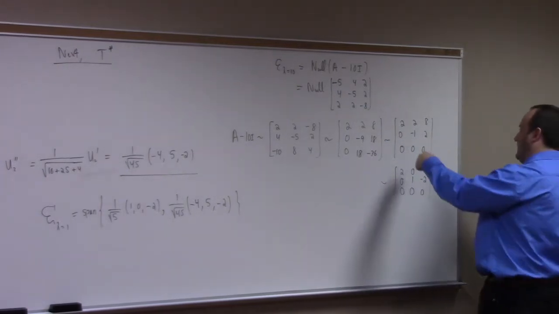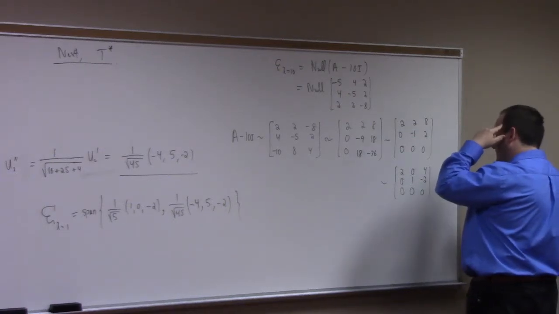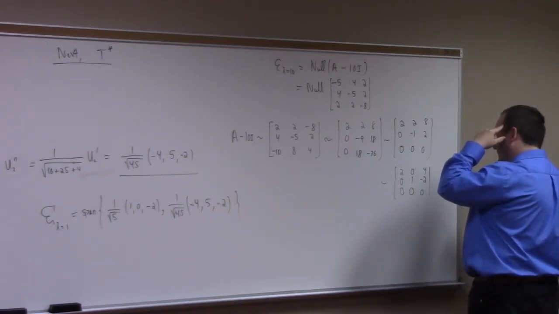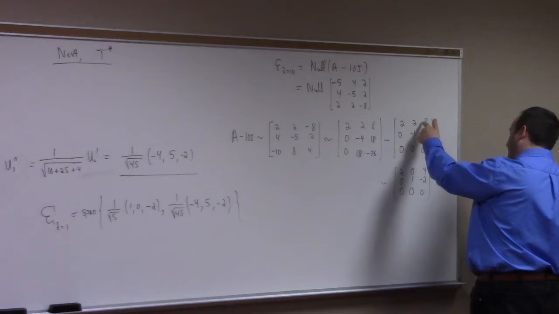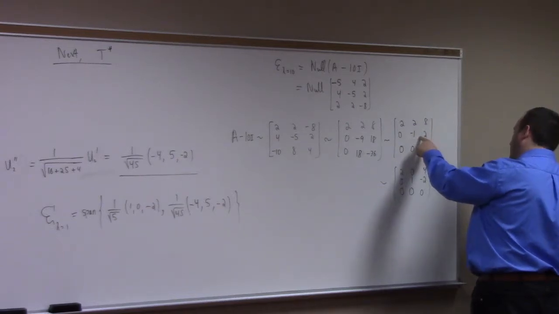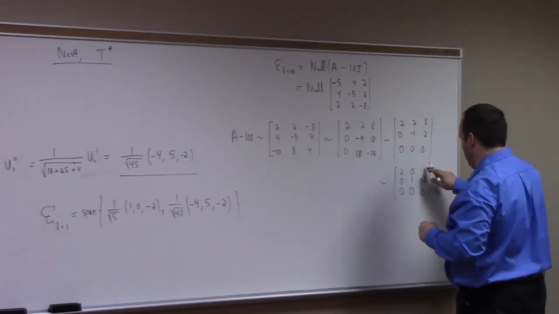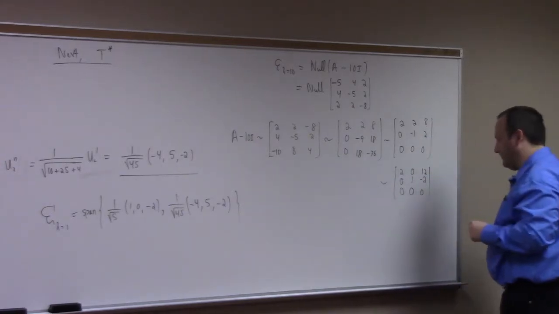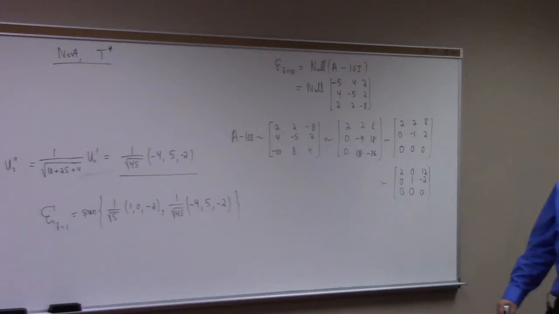So if I add 2 copies of that one to that one, I get 0, 12, right? If I haven't made a mistake. Anyway, we'll find out soon.